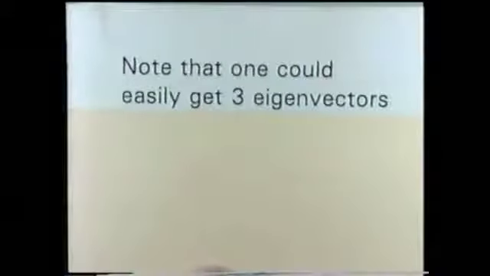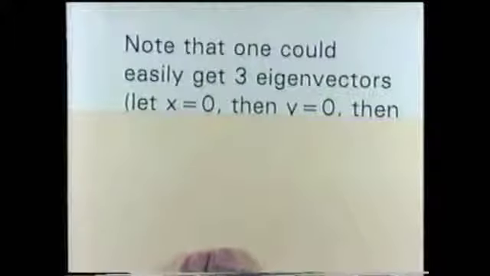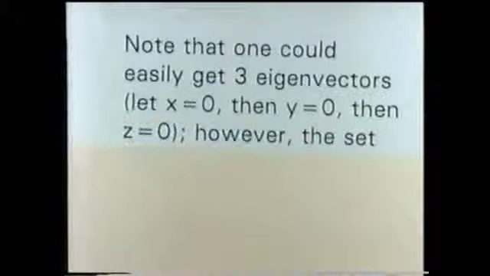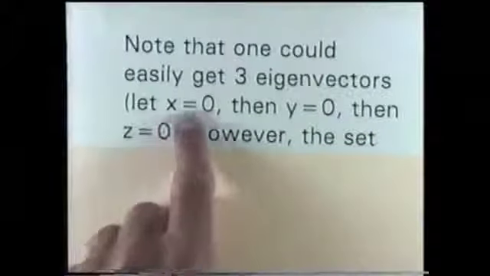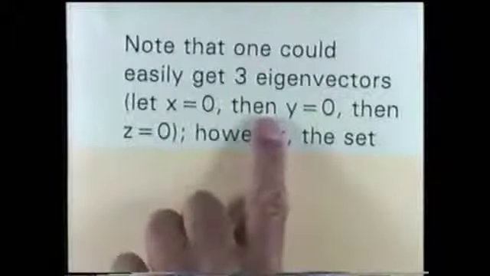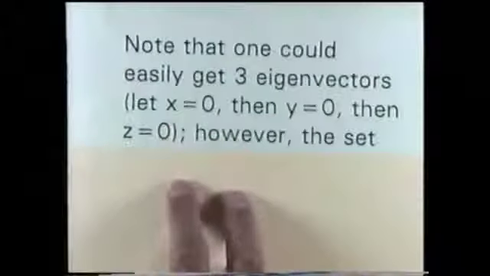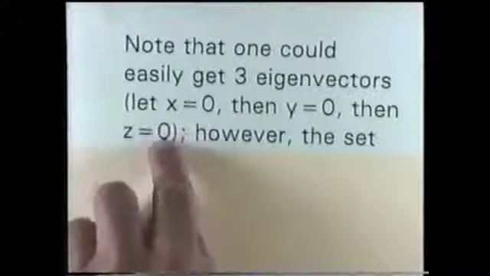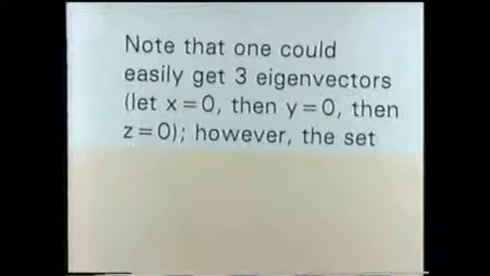The way you could easily get 3 eigenvectors would be let x equals 0, then y equals 0, then z equals 0. Now we let x equals 0 and y equals 0, then I quit when I got 2. Well, why didn't I go on and let z be 0 and get a third one?